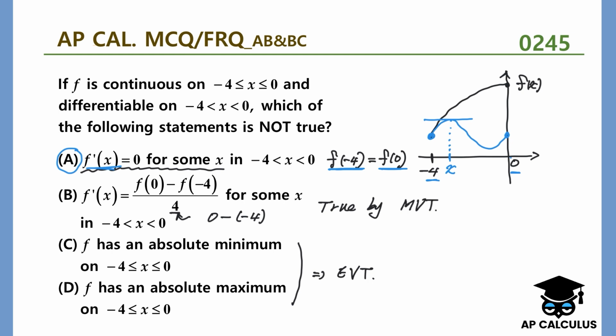If we look at this function with the black color, let's say f of x is this. Here we have the absolute minimum. Here we have the absolute maximum, right? If the function is this blue color, if this is f, we have the absolute maximum here, we have the absolute minimum here, right? So if the function is continuous on the closed interval, it has an absolute minimum and absolute maximum by the extreme value theorem. So these two are true. So the answer must be A.